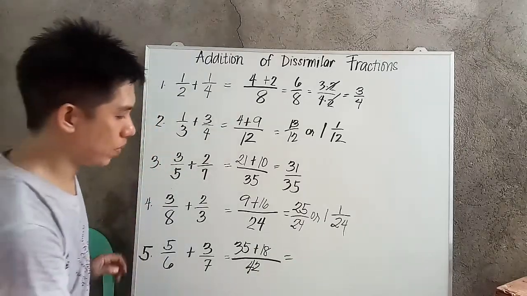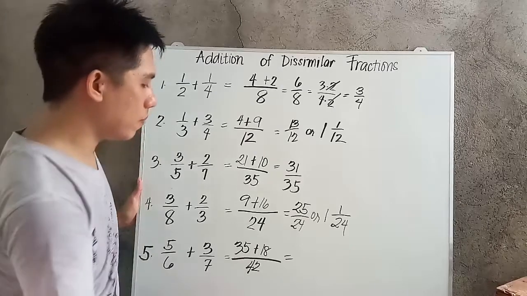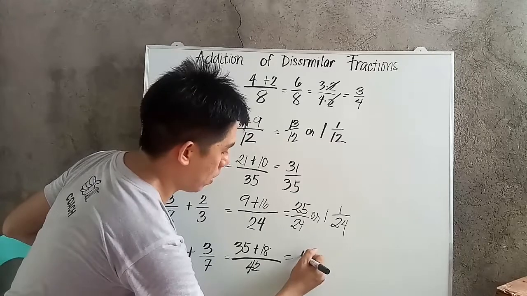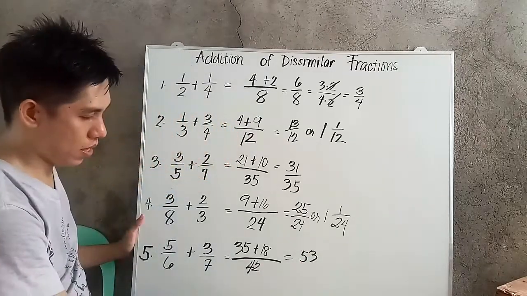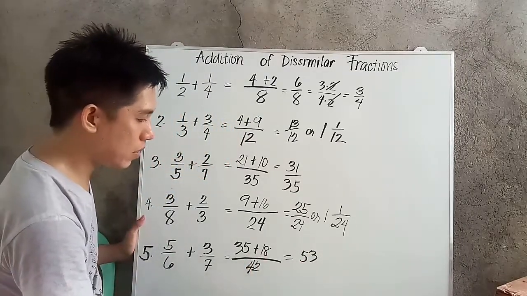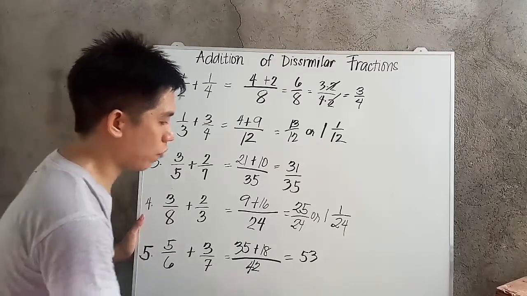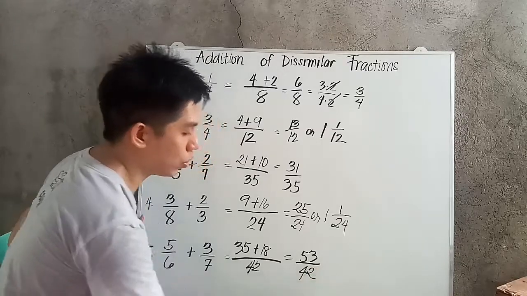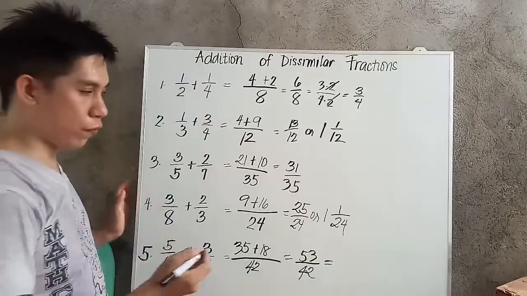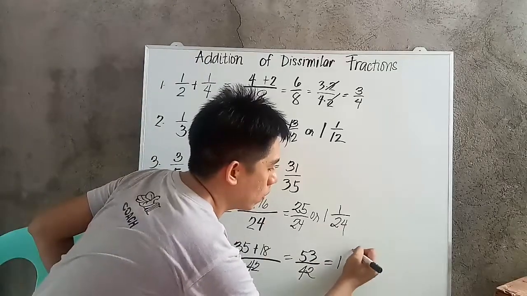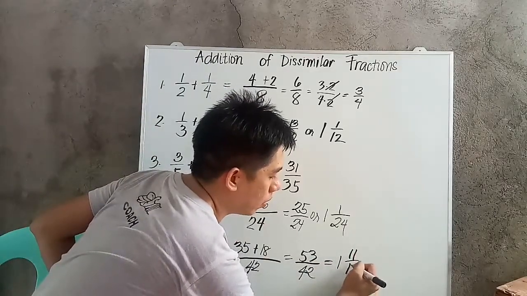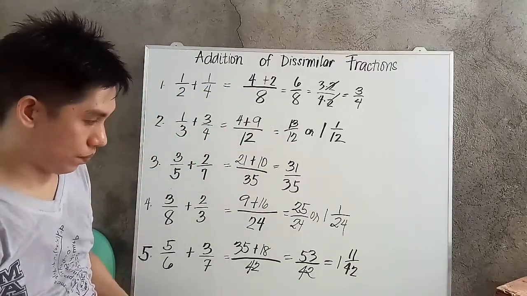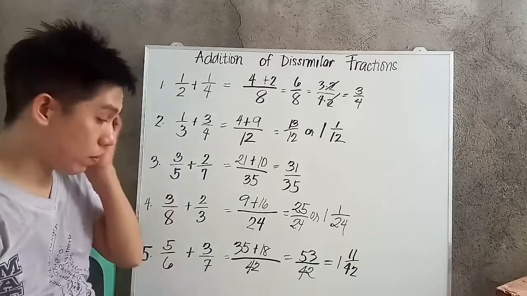Then we add 35 plus 18, that is equal to 53. 8 plus 5 is 13, bring down 3, carry 1, so 3, 4, 5. Over 42. So 53 over 42, or 1 and 11 over 42. That is the answer for number 5.